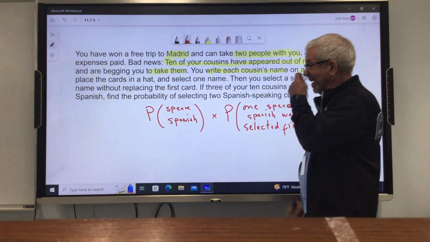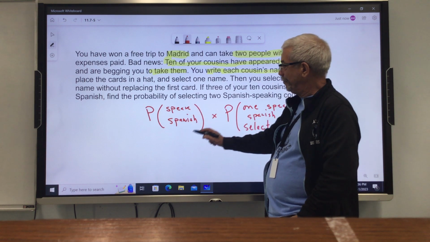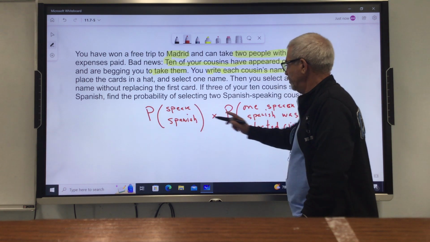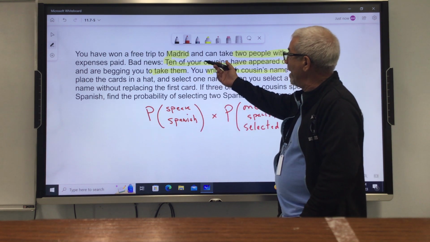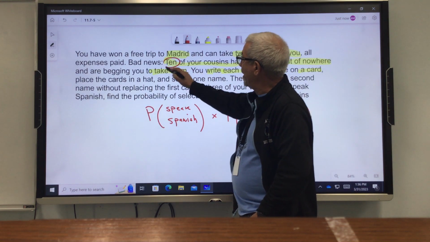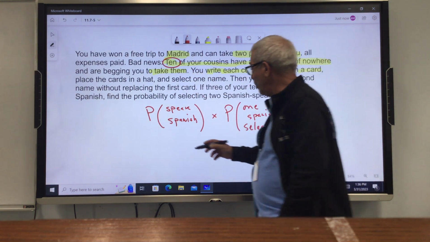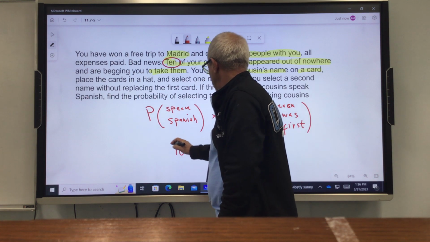Alright? Then how can I do this probability? Then this is the condition. How many cousins do I have in total? I have 10. Then my denominator here will be 10.